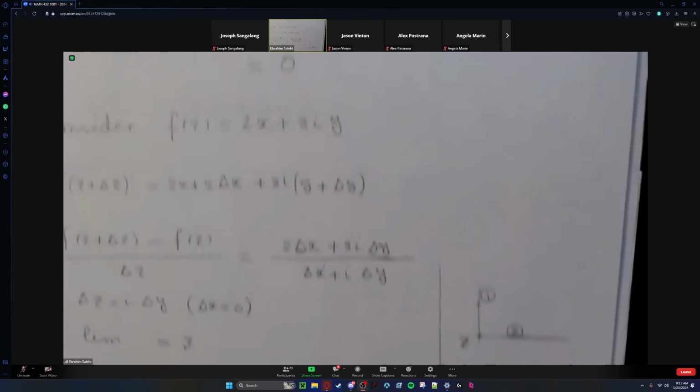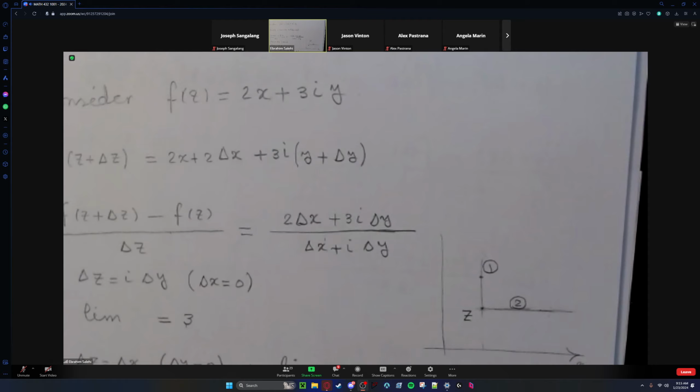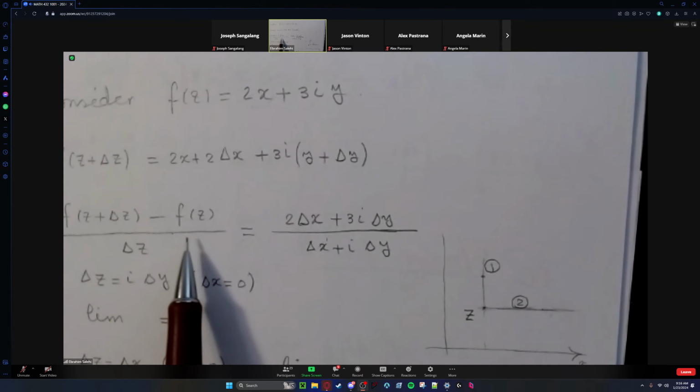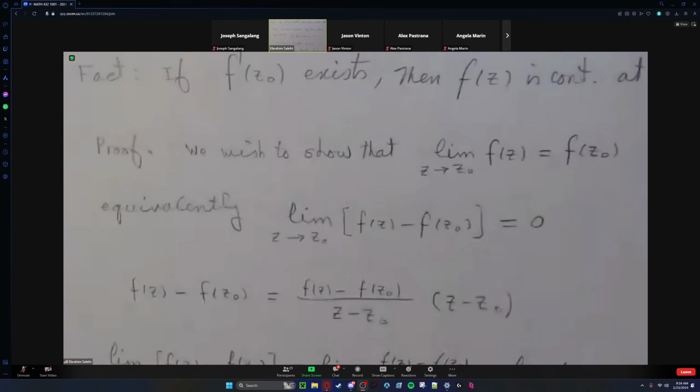This technique that I applied here is a pretty interesting one. And we can apply this technique in general to this fraction. Let's do that.